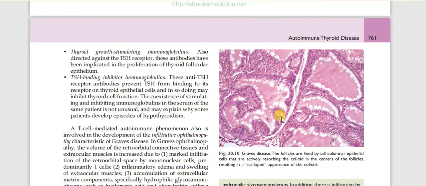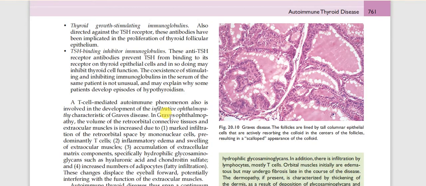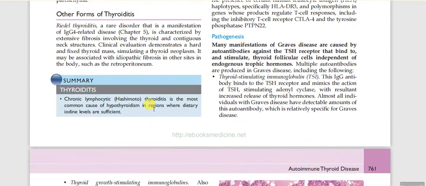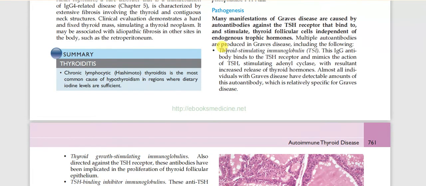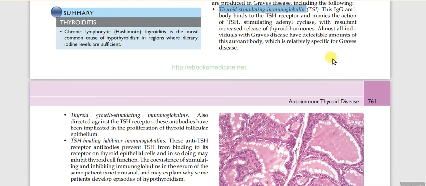Later, the same thing will cause destruction of the cells, and very late, if the patient survives till this, it leads to hypothyroidism, but usually Graves' disease remains hyperthyroidism with production of a large amount of T3 and T4. So we have the pathogenesis: thyroid stimulating immunoglobulin, TSI, which is IgG.